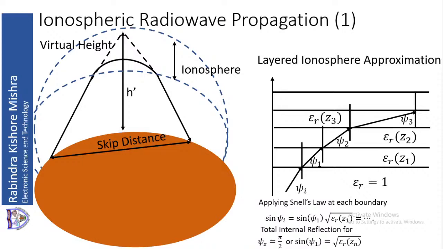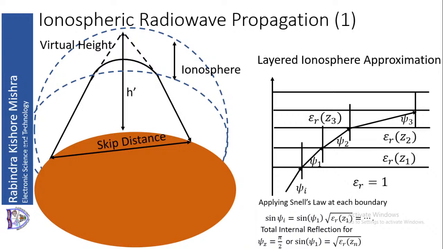Now let us see what happens in this case. For that, let us assume that the ionosphere is layered in nature. That means the density over a very small height does not vary. There will be a small height with a particular density, then above that another small height with a particular density.